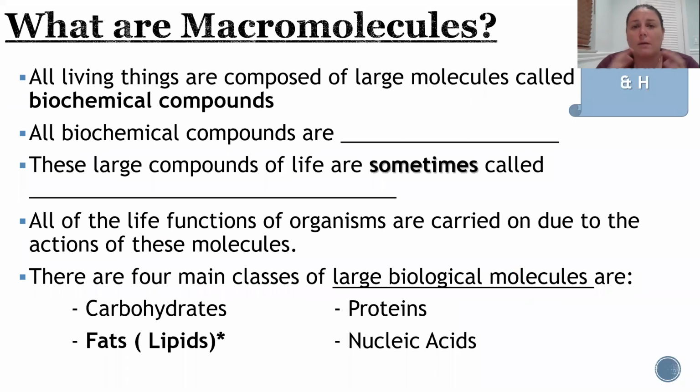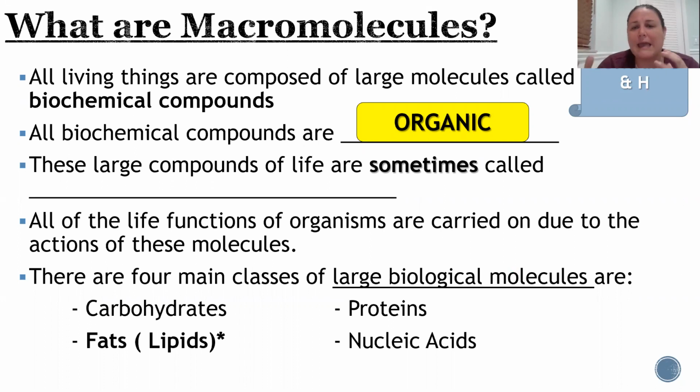So what are macromolecules? Macro means big, right? So macromolecules are large, and all living things are composed of large molecules called biochemical compounds. And all of the biochemical compounds that we're going to talk about are organic.